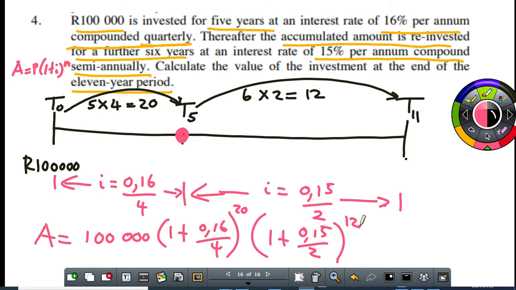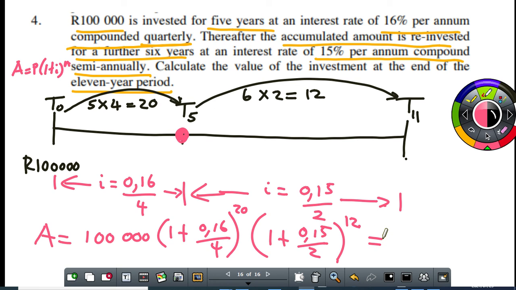Another way would be to do it separately. You calculate the amount for the first 5 years, then you get a total. Then you plug in that total into the compound interest formula. But that will take you a little bit long. So this will be a shorter way. What answer do you get? You have to be a guru of the calculator here.